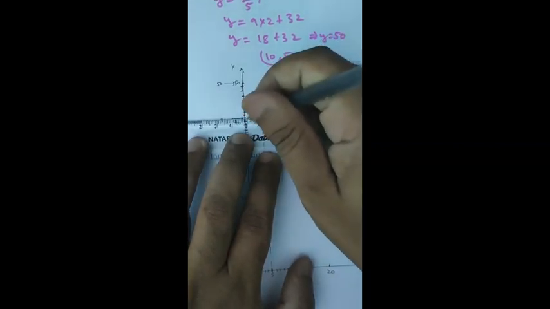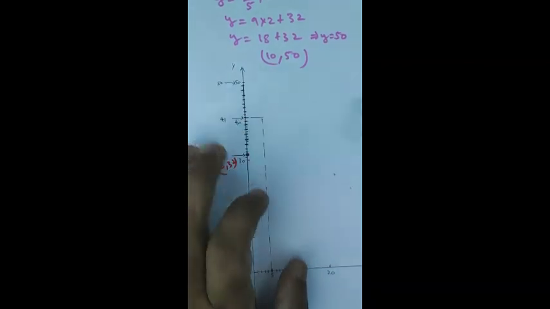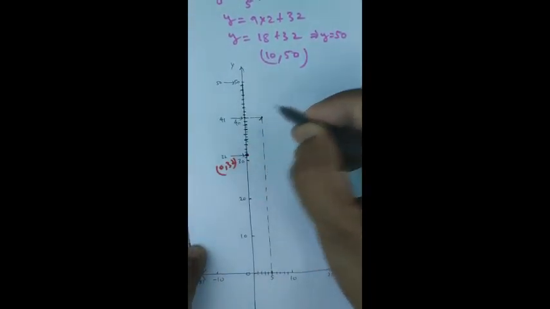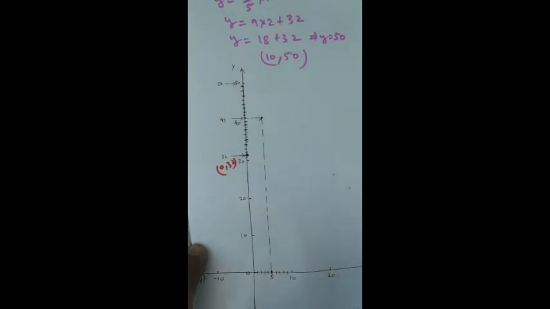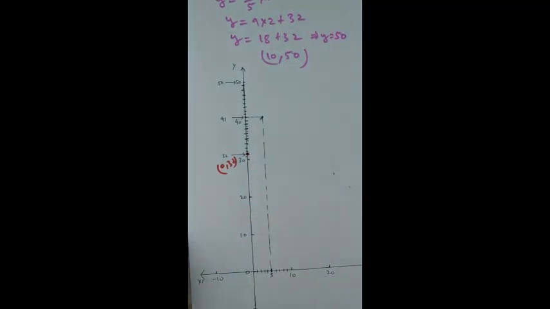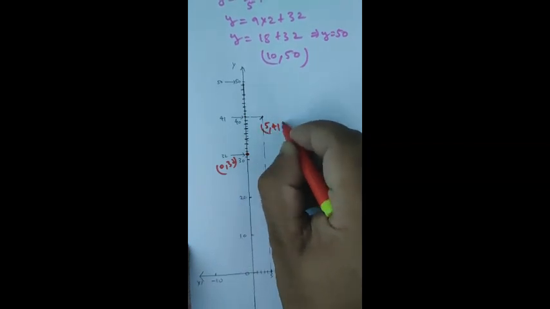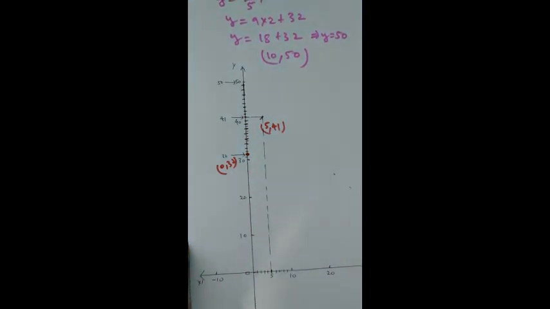It will be easier when you do it on graph paper. Basically I don't have graph paper, that's why it is looking difficult, but it is very easy when you do it with graph paper. Second point I have got, this is 5, 41.